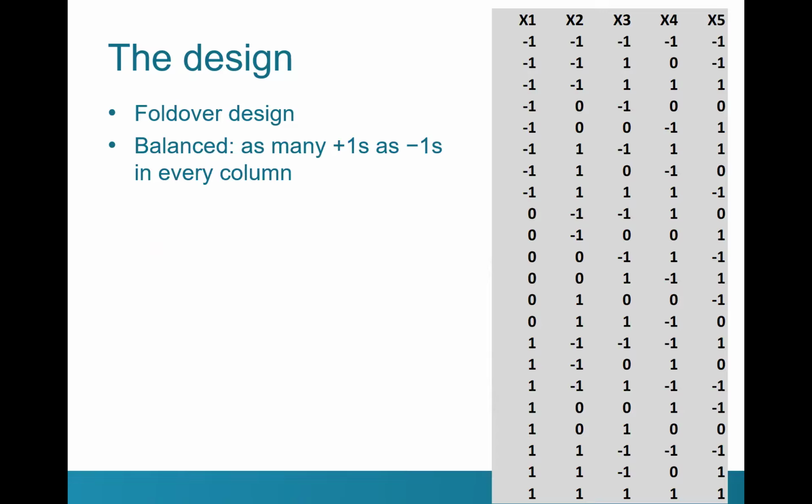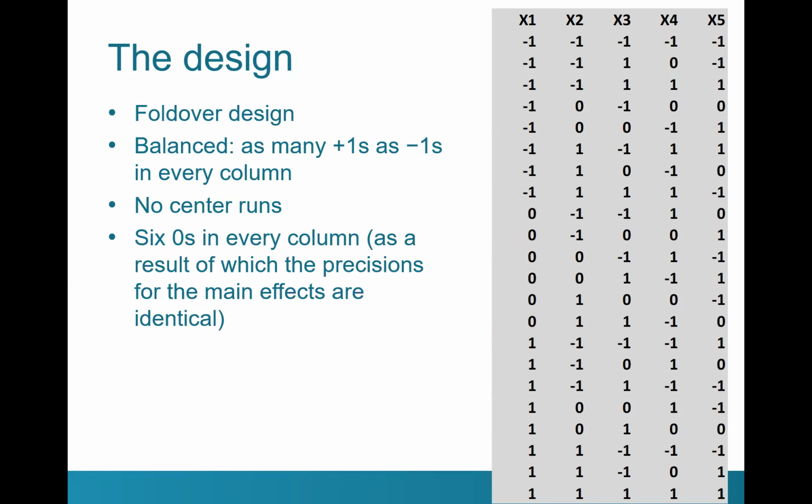Design also involves as many +1s as there are -1s. That's inevitable if your plan is a fold-over plan. There are no center runs, so no test is done at the 0, 0, 0, 0, 0 combination. And if you would check the entire experimental plan, you would see that there are 6 zeros in every column.